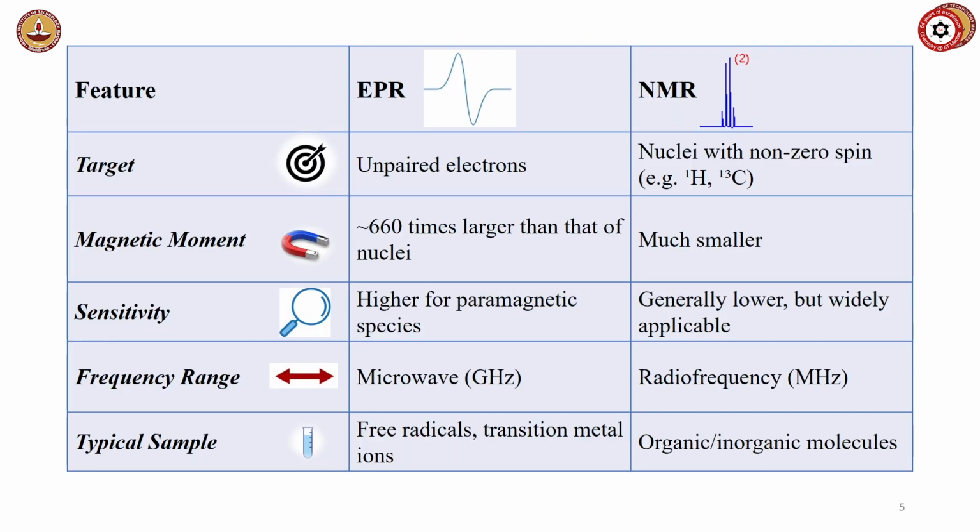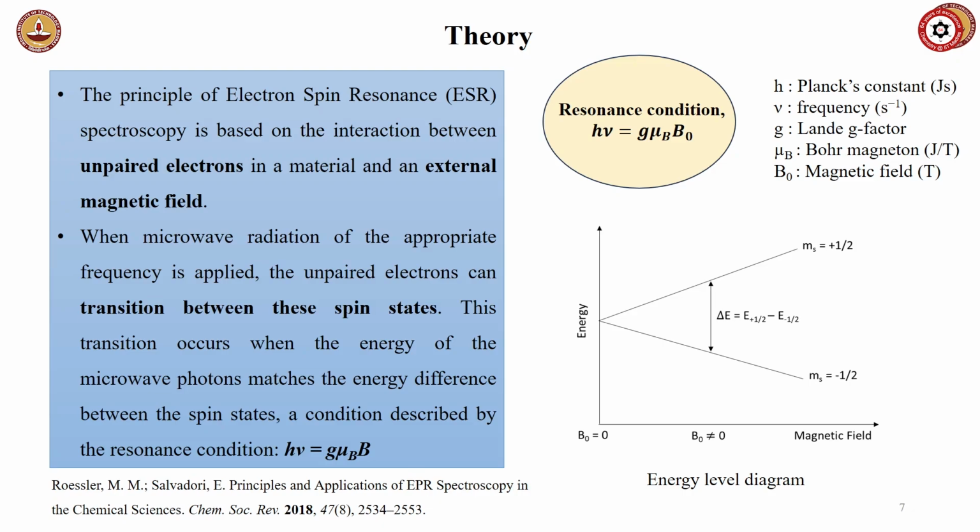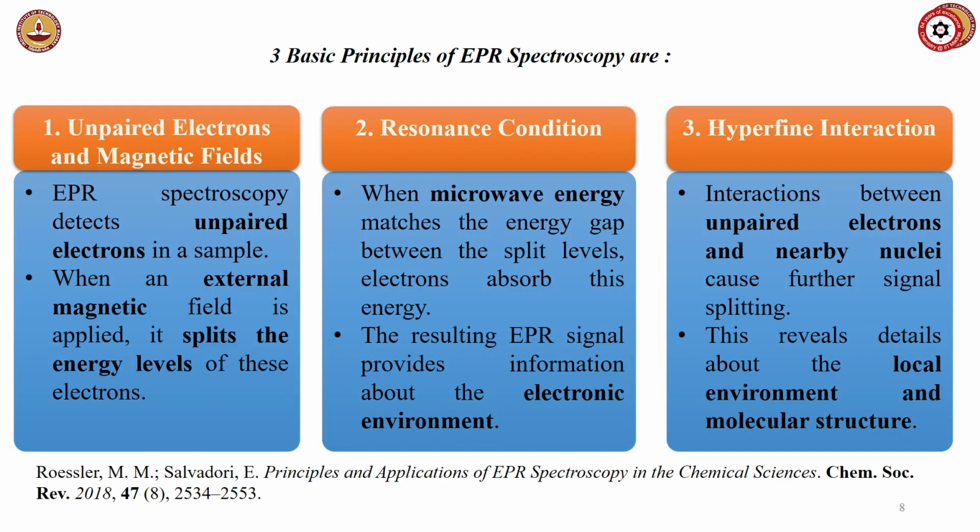In EPR, whatever I spoke about, and the history we spoke about, this is the formula I was writing here, and B0 comes from where the transition is going, and the frequency we are fixing, and the other things are all constant.